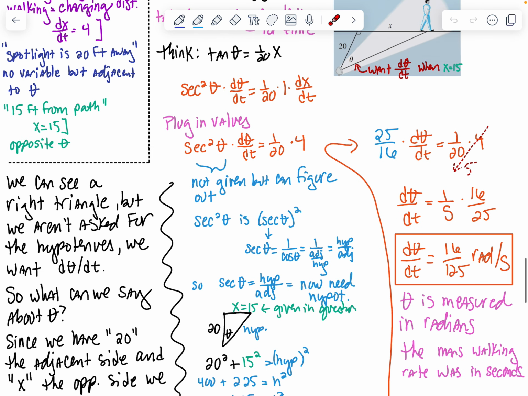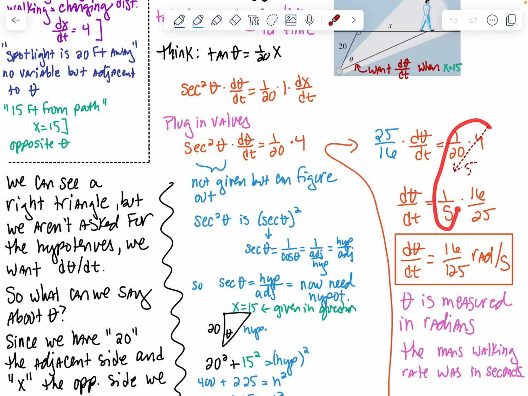Let's go ahead and pull this together again. Coming back to this line, secant squared of theta we just found to be 25 over 16. dθ/dt is the term we're trying to solve for. And we already had the 1/20th times 4, although 4 will divide into 20 five times.